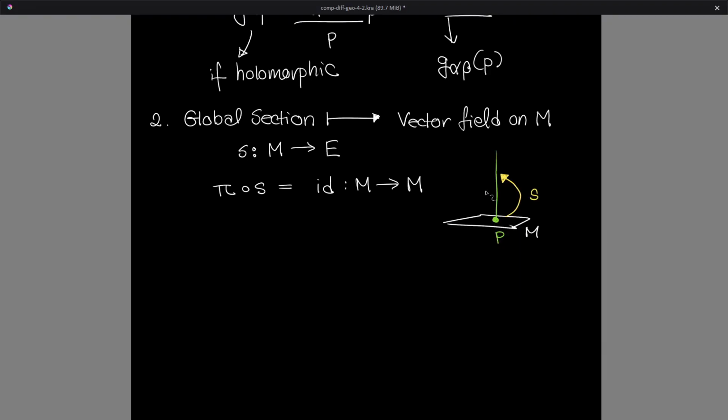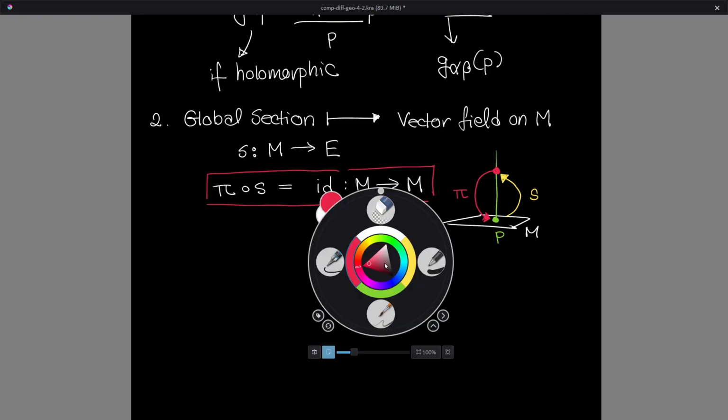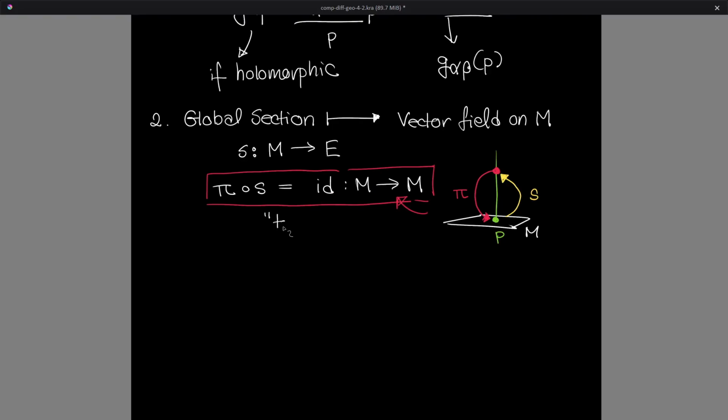Let me mark the endpoint in red, such that π can map us back to its base point and complete the loop. So this would give us the identity, right? Because we ended up back where we started. So this condition restricts us to only allowing s to map a point in M to its own fiber. This is the to-its-own-fiber constraint.